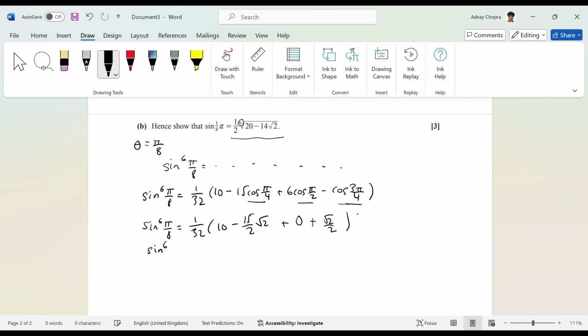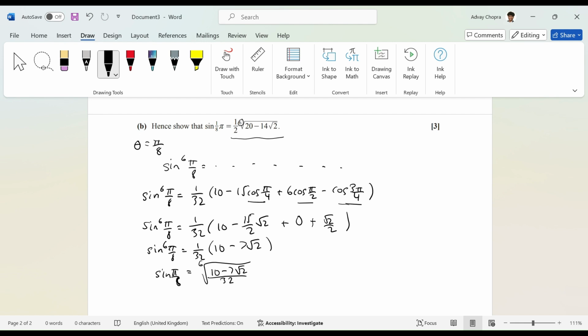Now if we simplify a bit further, we can see that we have 10 minus 7 root 2, and all we have to do now is take the 6th root of each side. That will give us sine pi over 8 is equal to the 6th root of 10 minus 7 root 2 all over 32.